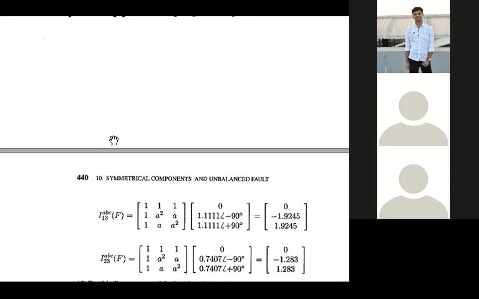So we have already done three fault scenarios, right? The balanced fault, which is the 3-phase fault; the second one is single line to ground; the third scenario is line to line. The remaining fault is double line to ground.